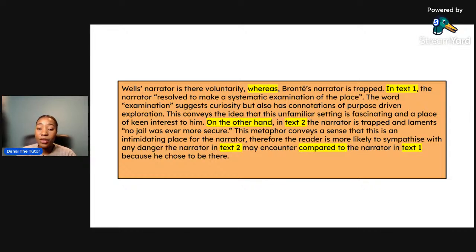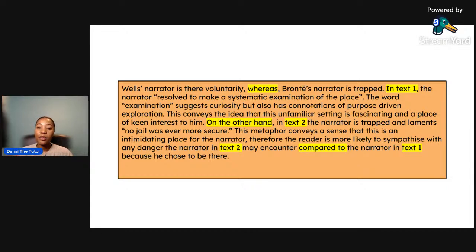Okay, so that's what a comparison paragraph would look like. And I've highlighted there the points of comparison within the paragraph, okay, just to demonstrate what I was saying before about weaving your comparison together in one paragraph, as opposed to doing one paragraph on text one and then one paragraph on text two, okay? The comparison starts with the point, okay? So in order to make sure that you are doing that, the very first sentence that you write should be a comparison sentence, okay?